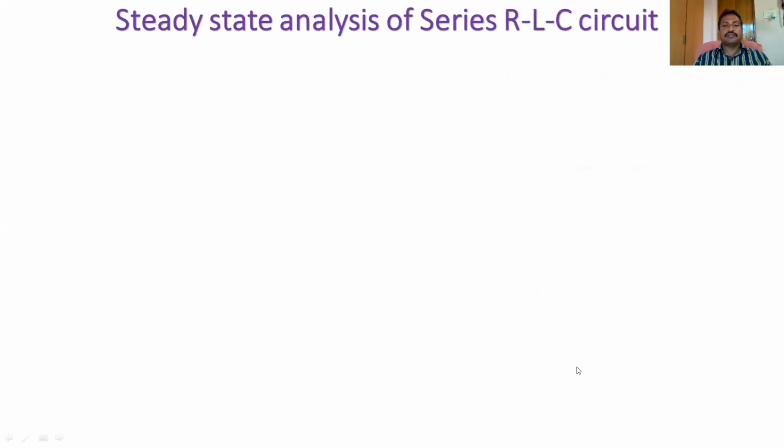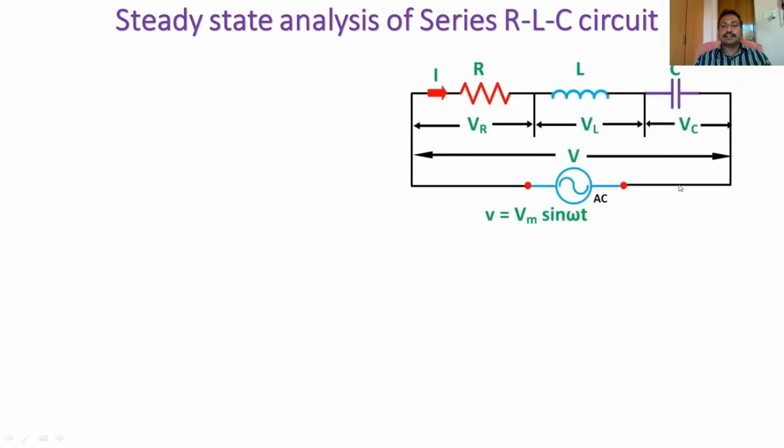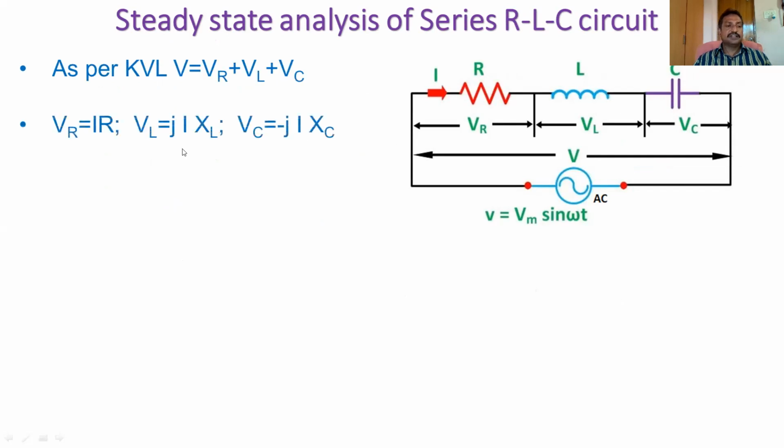Then analysis of RLC circuit. So R, L, and C are connected in series. Apply KVL. So V is equal to VR plus VL plus VC. Therefore, VR is IR, VL is equal to J into I XL, VC is equal to minus J into I XC. Substitute these three in the above equation. So therefore, take I as common: R plus J into XL minus XC.